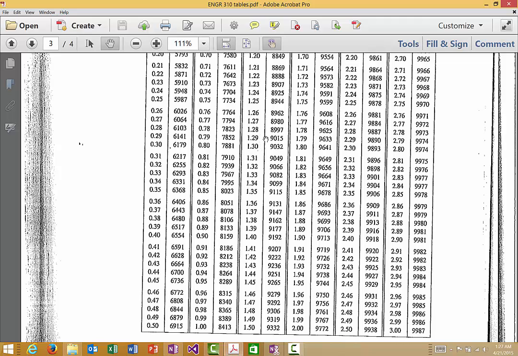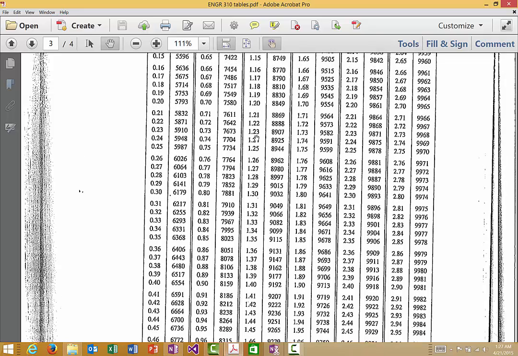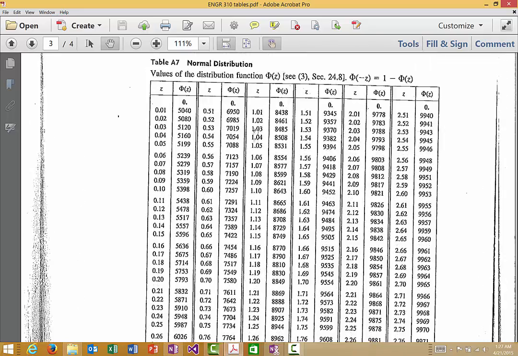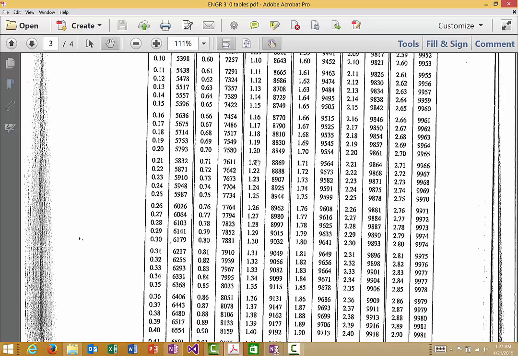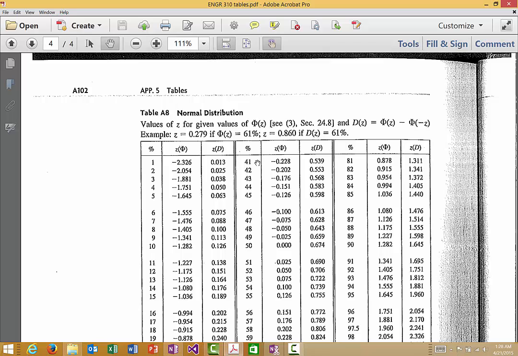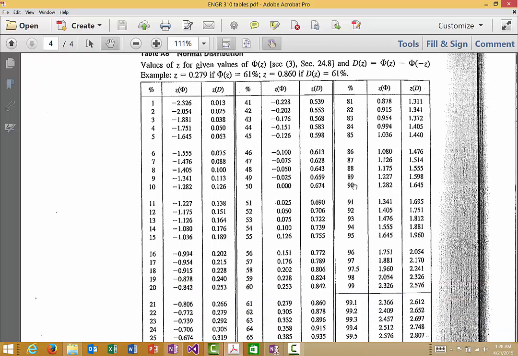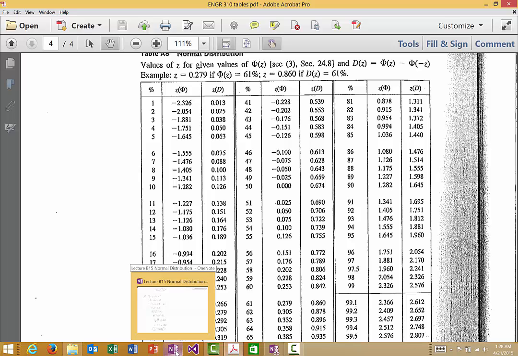So as we would expect, it's somewhere in between those two, but unless we do some kind of interpolation, we could not find exactly to 3 decimal places what z is using table A7. But if we use table A8 and look up 90%, then the z that gives you that phi is 1.282. So in this case, it's both easier and more accurate to use table A8.